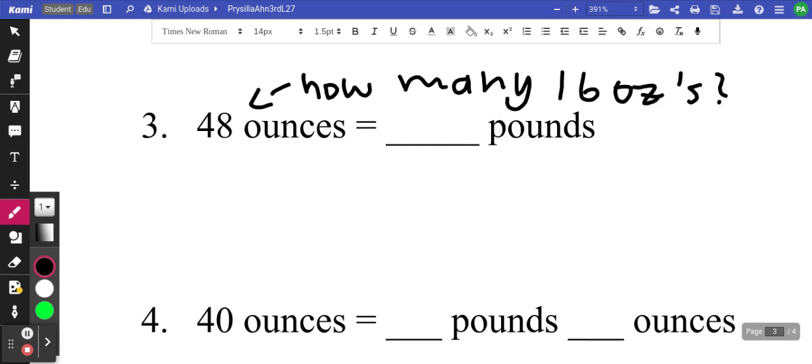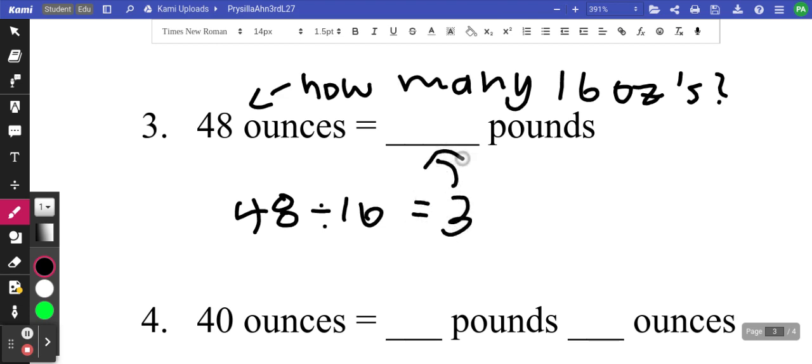So we divide by 16. So 48 divided by 16. And obviously you might not know your 16 multiplications, but if you just continuously add 16 plus 16 plus 16, you actually get an answer of 3. So 48 ounces is 3 pounds.